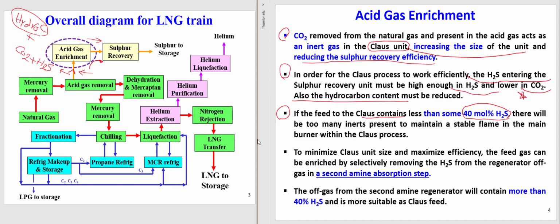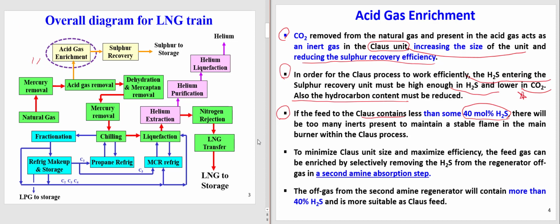So if the stream going to the sulfur recovery unit, to the Claus unit, has less than 40 mole% H2S, we say that there is too much inert gas present in this stream, that it will be very hard for the Claus unit to maintain a stable flame in the main burner.